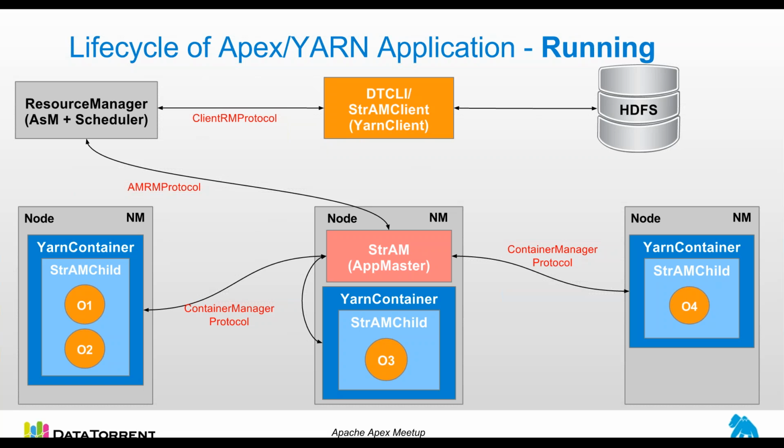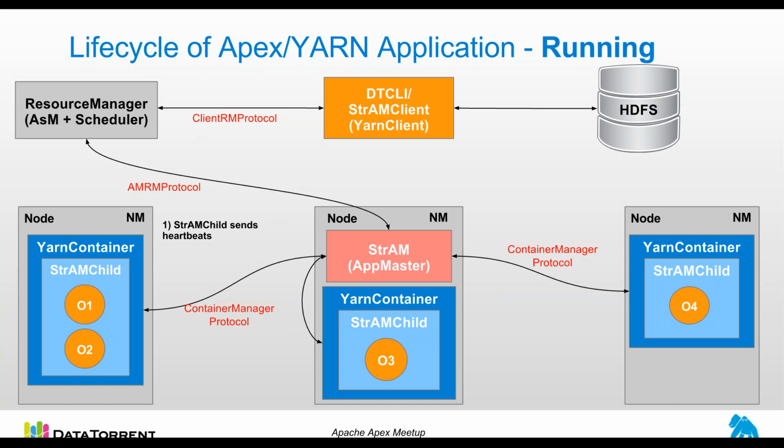Going ahead, now that the application is running, let's see what all these various different components are doing from the YARN perspective while the application is running. First, one of the important things that StrAMChild is doing is it keeps sending heartbeats to the application master, that is StrAM. This provides information to the StrAM about the various different states of the operator.